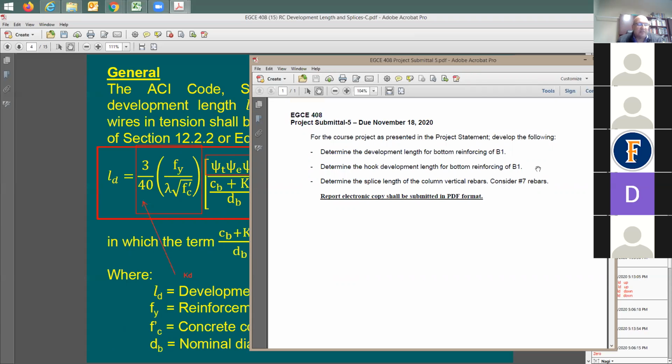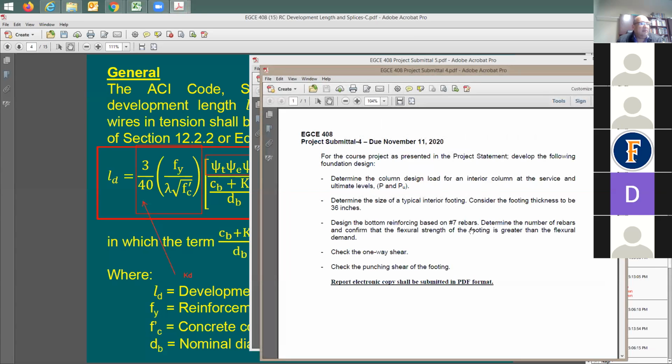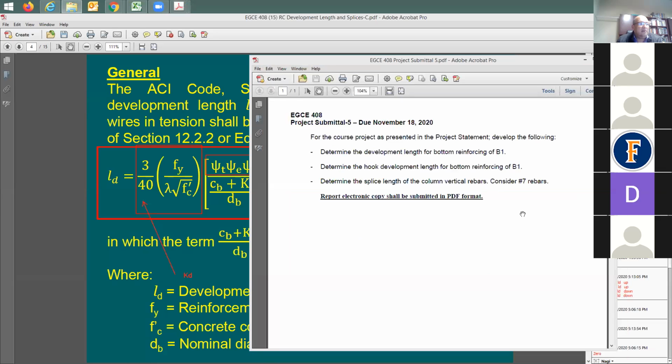So it depends on the rebar size that you use. But for the column, I know that they ask you for the vertical column reinforcing bars to provide number 7. Am I correct? Yes, yes. Okay, so only for that reason. You see B1, we would just use our own rebar size? Yeah, use whatever you have there. Okay, thank you.